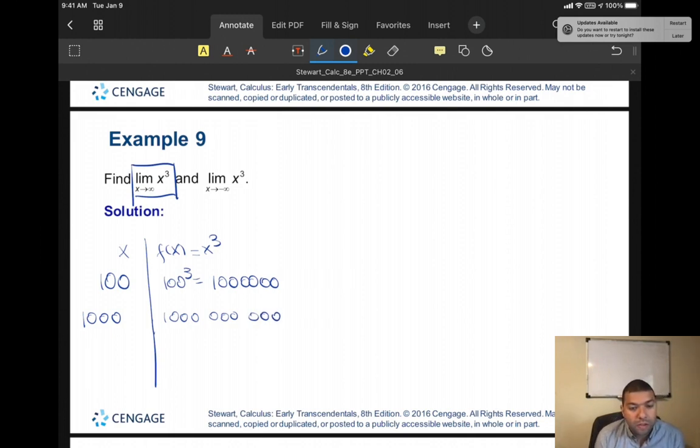Okay. So as x gets larger, f of x is getting larger and larger as well. So that's to say the limit as x goes to infinity of x cubed is infinity. And if I don't write a plus sign, then that means it's plus infinity.